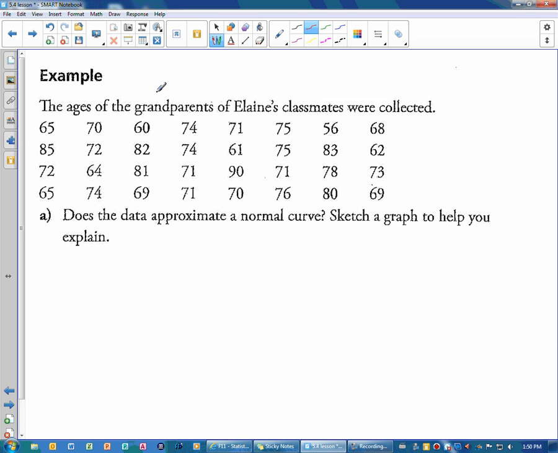All right, so the example in your book talks about the ages of grandparents of Elaine's classmates that were collected, okay? There are a total of 32 people in this class, because there are 32 numbers. So all the ages of the grandparents of Elaine's classmates are collected, and it asks, does the data approximate a normal curve? They're asking you, is it normally distributed?